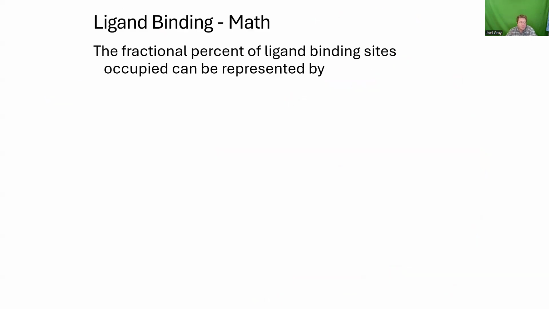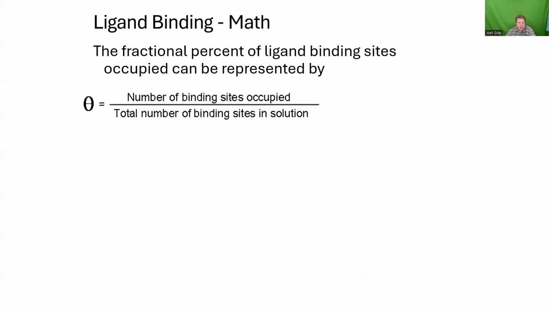Now, what we're going to be getting into here is the math related to ligand binding. And all of this math really is a vehicle for looking at a graph. So when we think about ligand binding and how proteins bind to ligands, what's important to know is that we're looking at protein structures and the binding partners. Now, what we want to look at, let me go ahead and illustrate this, is a term known as theta.